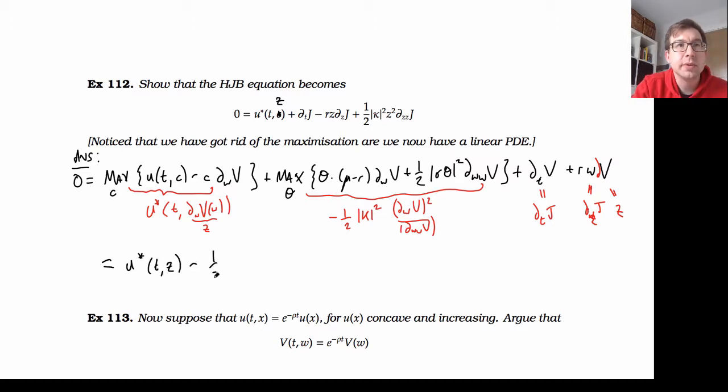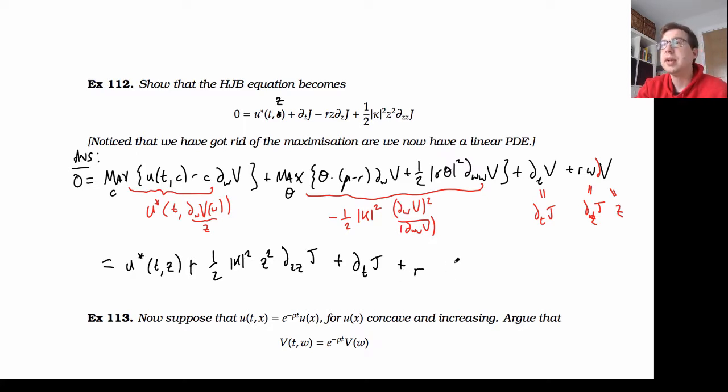This change of variables is going to give me a z squared from that guy, the second order partial derivative of j from this guy with the minus sign applied. For this guy, I'm going to get a plus partial derivative with respect to t of j, and for this guy, assuming I probably made a sign mistake here, so let me put minus signs right here.